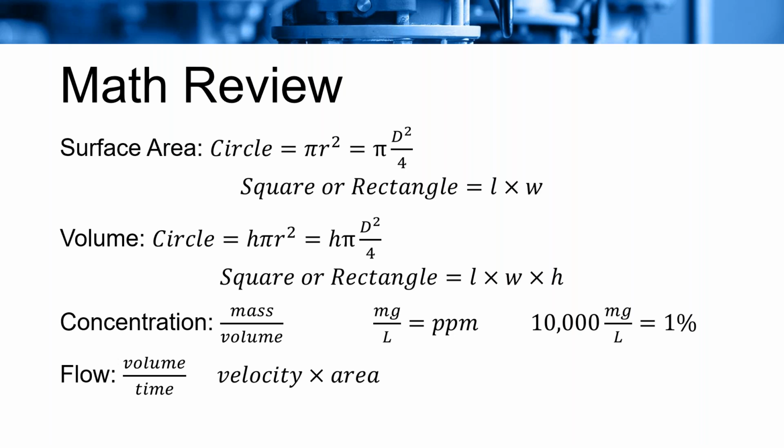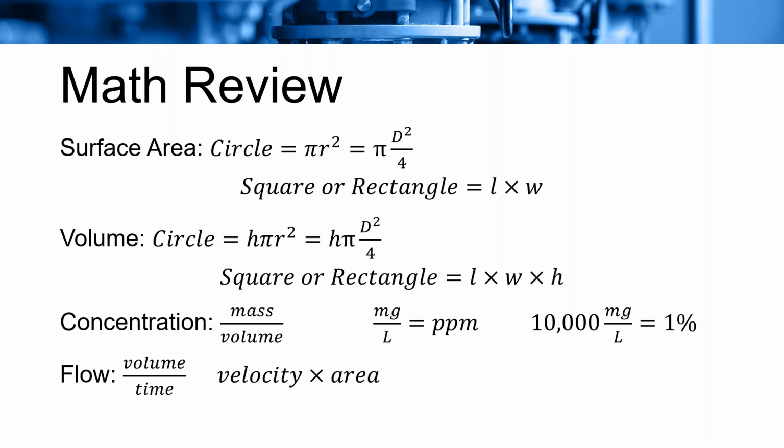Some other concepts are going to be concentration, which is typically the mass of a constituent over the volume of water it's in. This can be measured in milligrams per liter, which is also equal to 1 part per million. And also 10,000 milligrams per liter is equal to 1%. Those are important concepts to remember when you're doing these types of problems.